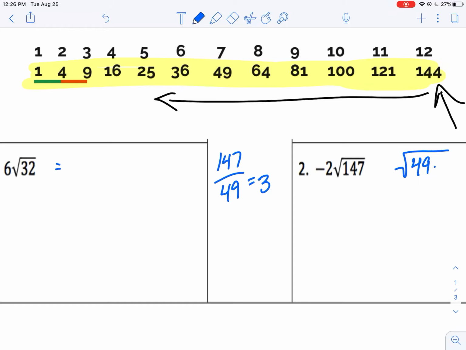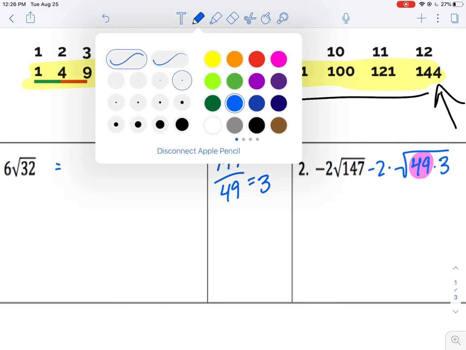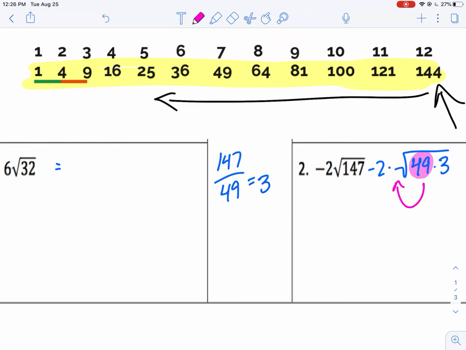So this is 49 times 3. Okay, well now I've got this perfect square, and I can break that on out. So now I've got a -2 times square root of 49 is 7.